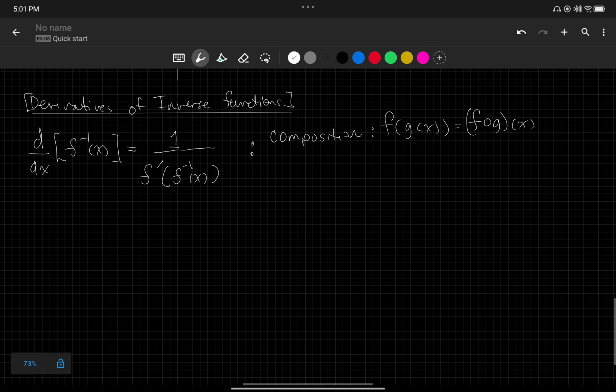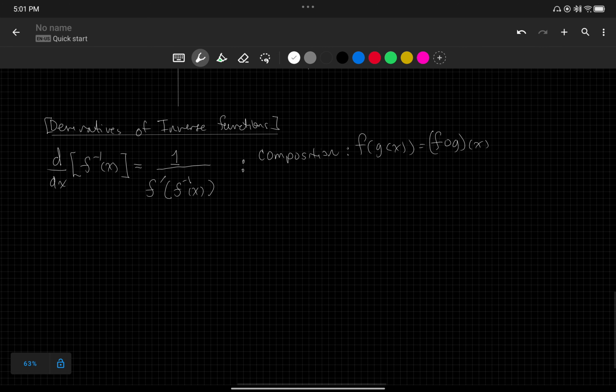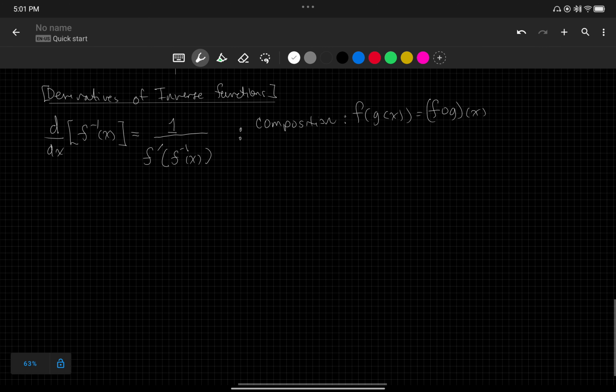Okay, so let's see it in action. And let's use an example of something that we've worked with already. So let's say ln. We know what the derivative of ln is already. We were able to figure it out without having to use this information with inverse. But if you had this inverse, it would actually make it easier.